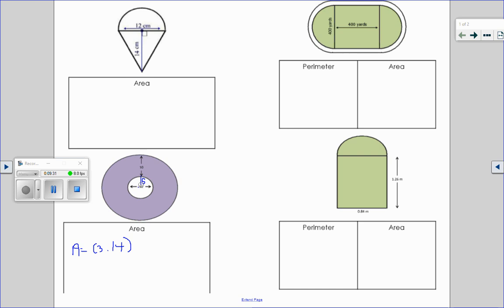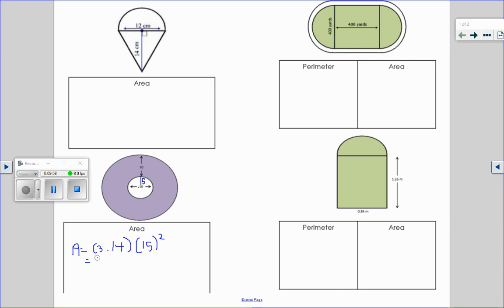So my whole radius is, you should have gotten 15. So 15 squared. So pi r squared. I'm not taking half, it's a full circle for now, alright? So I'm going to do 3.14 in decimals, and then times, in parentheses, 15, and then I need to square it.